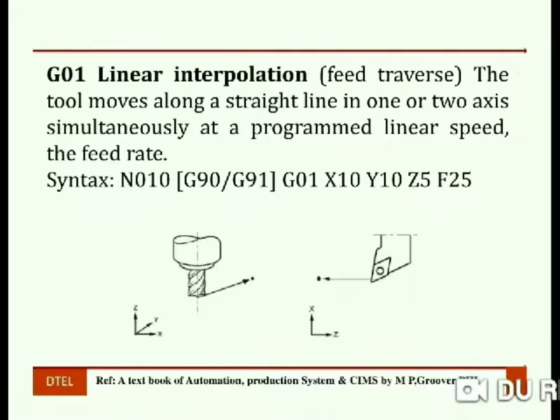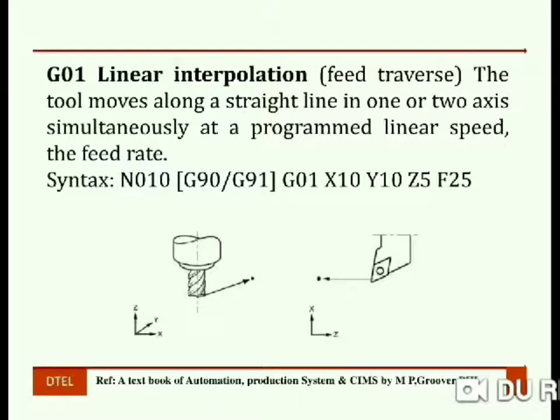The next one is G01, that is linear interpolation. The tool moves along a straight line in one or two axes simultaneously at programmed linear speed in the feed rate. If you want the tool to move in a straight path, either straight or inclined, but in a straight trajectory, then we have to use G01 as a linear interpolation code in our programming.